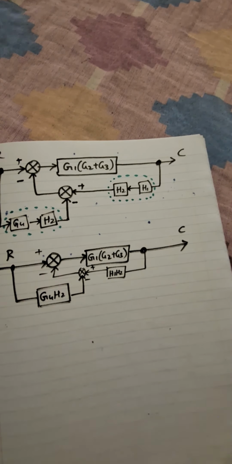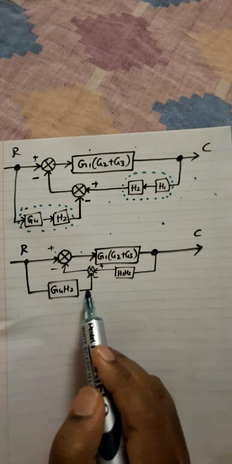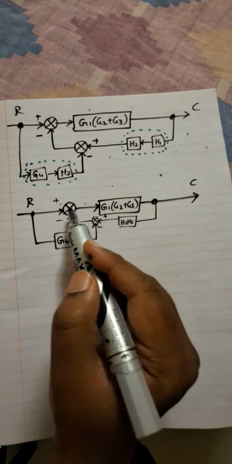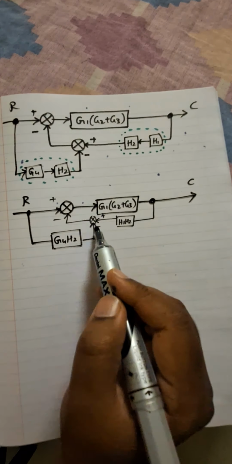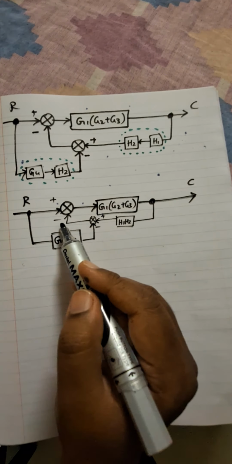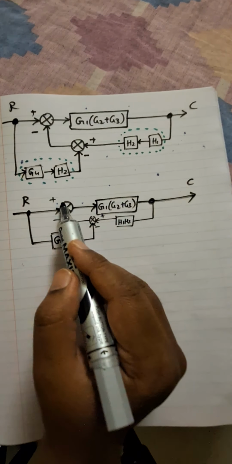Now what is the next step? If you see here, from reference, G4H2 is going to this summation, right? So first let me write these two summations as a single summation, means G4H2 is going this way to the summation. So two summations are there, minus and minus. Okay, so G4 minus G4H2 into minus, means plus G4H2 is going here.